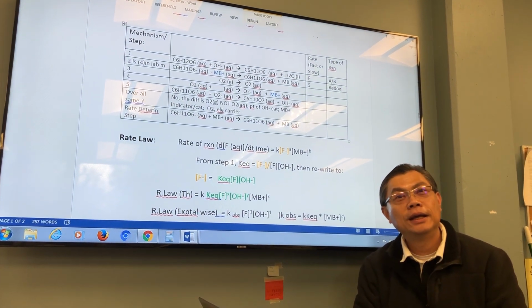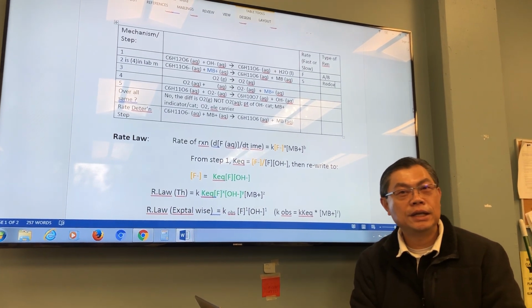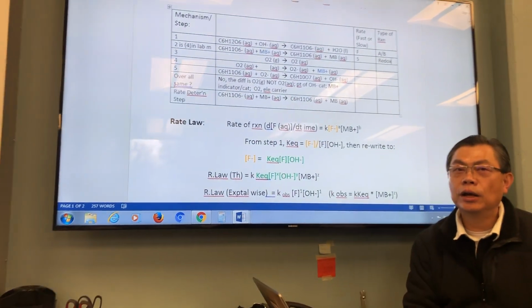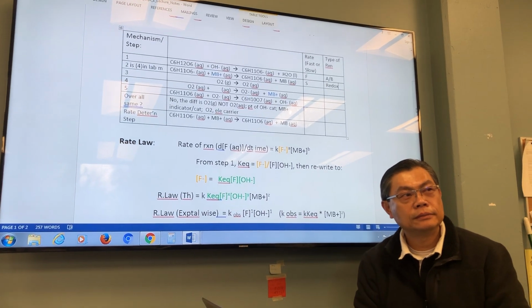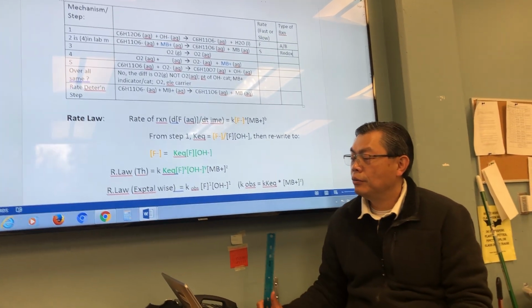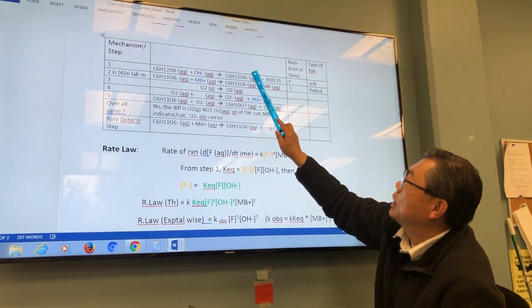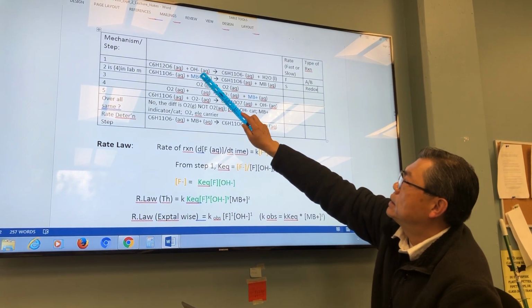You see? Do we see it? Is that okay? It's okay, of course. So we would assume that's the slow step, the rate determining step.